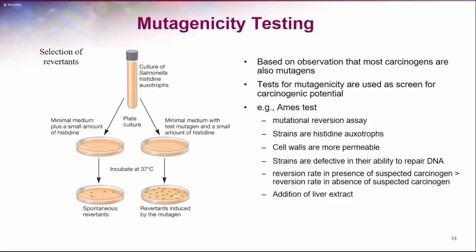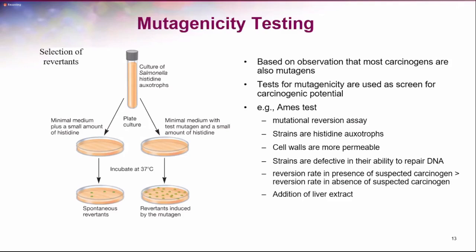And that can result in either this mutagen remaining intact and being released as intact mutagen to be picked up by other cells to cause cancer elsewhere, or it can be detoxified and released as something that is no longer mutagenic. So oftentimes in this Ames test, you would also add some sort of liver extract to the growth medium to replicate those conditions of what happens within the human body. Okay.